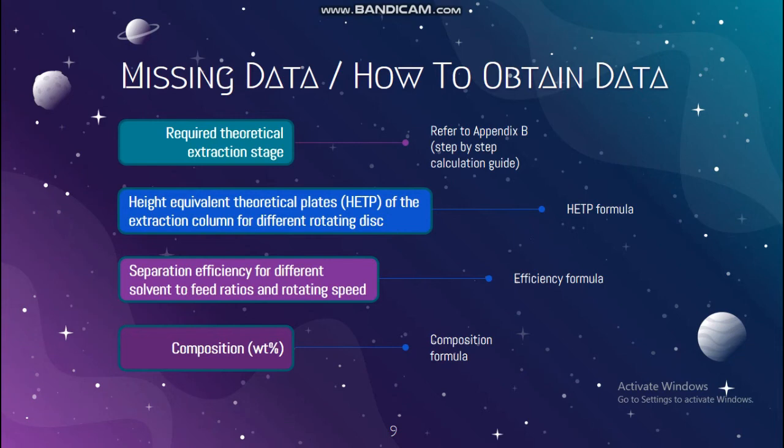Third, separation efficiency for different solvent to feed ratios and rotating speeds can be obtained by the efficiency formula. And the last one is composition, which can also be obtained from the composition formula.